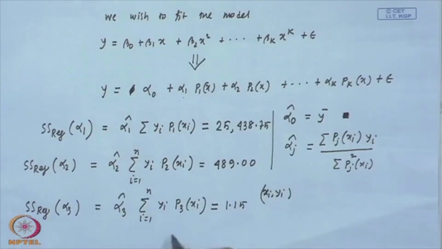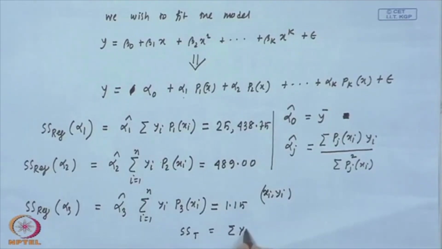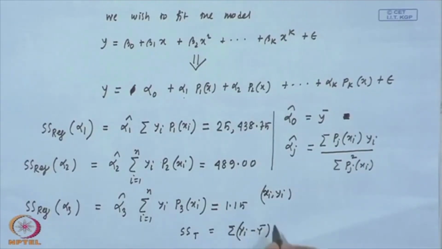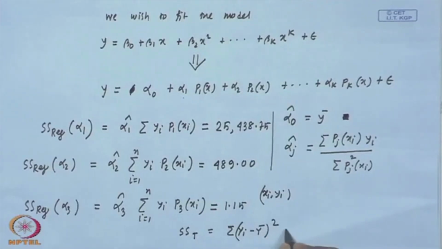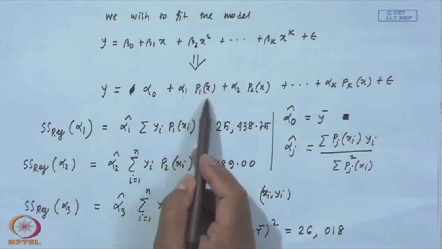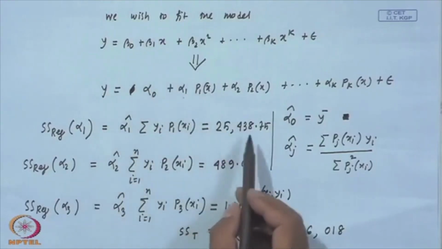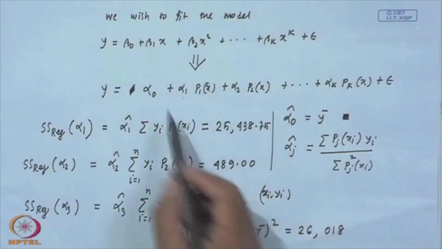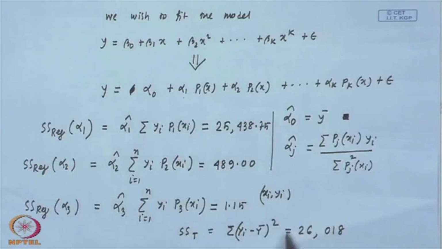Let me repeat that SS total, the variability in the response variable about the mean, is 26,018. So, you can see that the first order or linear term has already explained a major part of this total variability, and alpha 2 is also significant. This is 489.